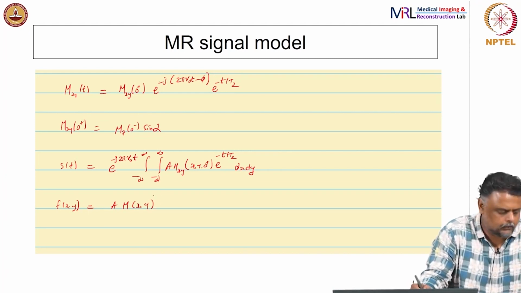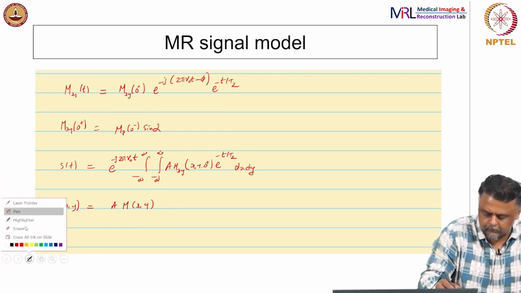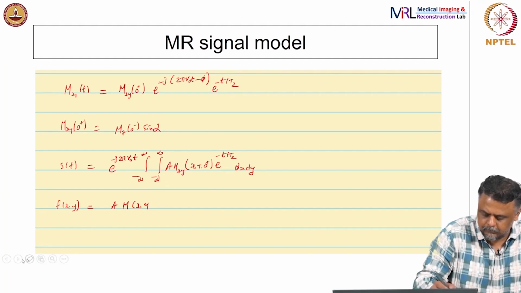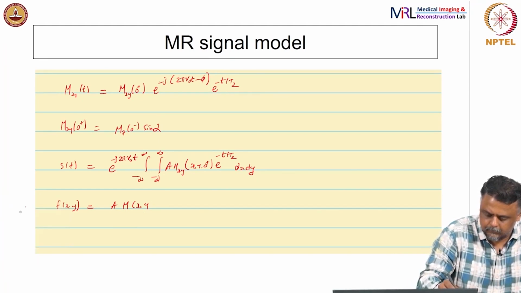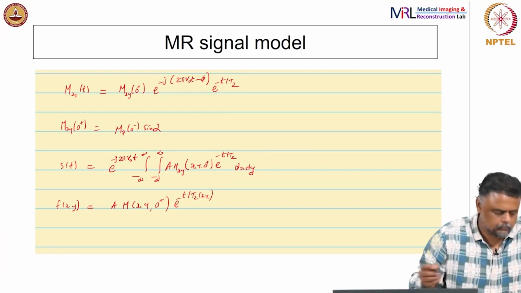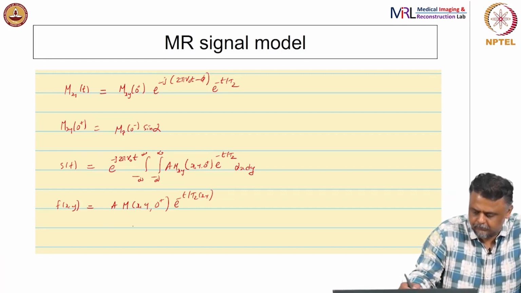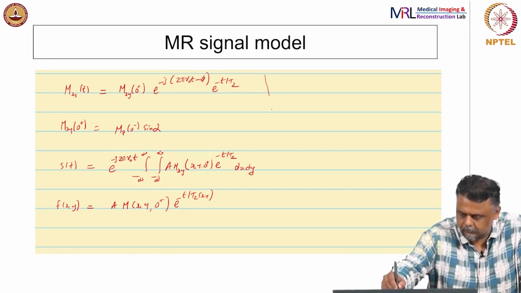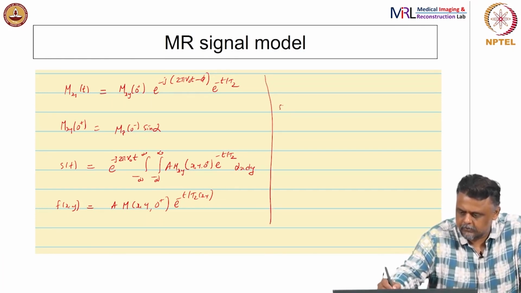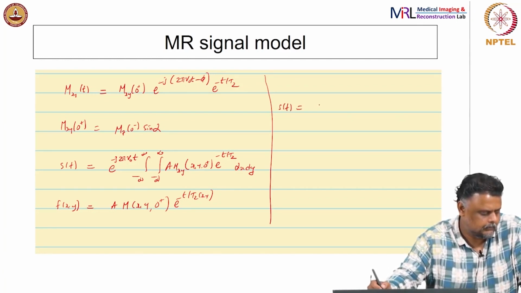I am excluding that 0 times 0 plus, actually maybe I should not. So then your signal becomes this integral.